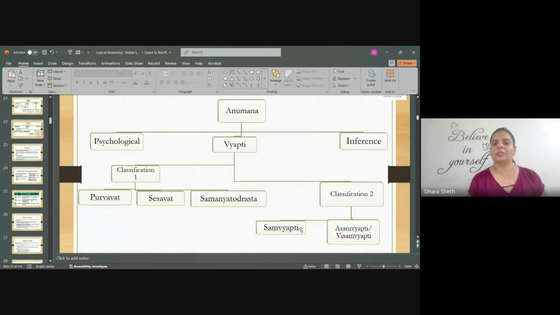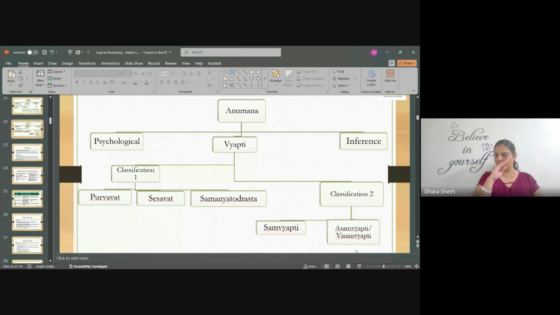So that is Vyapti. Vyapti is the relation between two things. Samavyapti, where the cause and effect is on both sides. Both things can become cause and effect of each other. Asamvyapti, where the cause and effect relation is clear, only X can be the cause of Y, Y cannot be the cause of X. That is asamvyapti or visamvyapti.